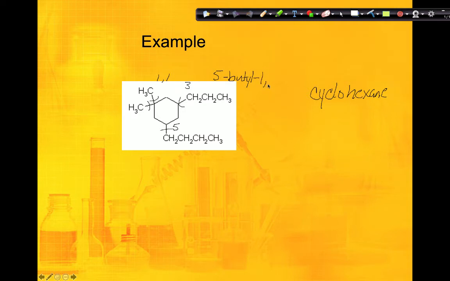So we have 1, comma, 1, commas separate numbers, dash, and then we have to have a prefix, so dimethyl. And then we go to the next one, so dash, 3, dash, propyl. And then it would end with cyclohexane, no space.